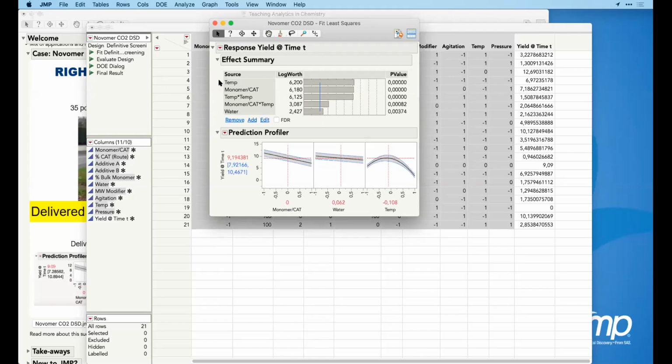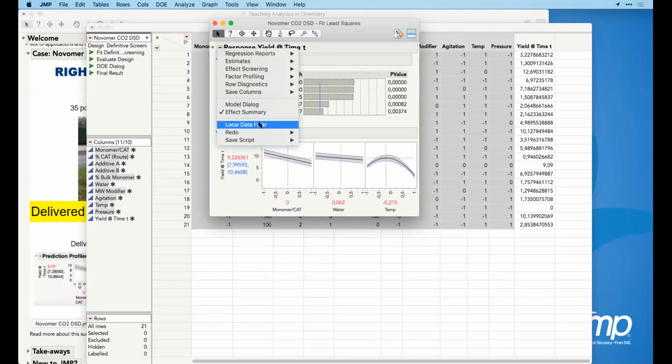So the 3 main effects, but also an interaction between monomer CAT and temperature. So you can see this by changing one factor, you see that the other factor is also changing its slope. So that's the interaction. And we also see the quadratic effect on temperature.